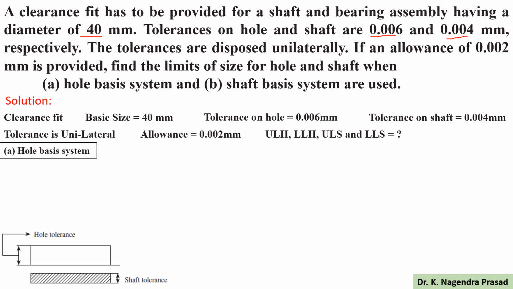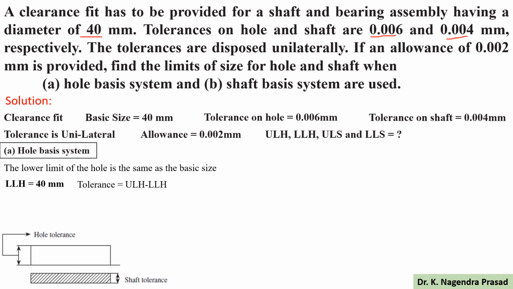Moreover, in the hole basis system, the lower limit of the hole is the same as the basic size. So here basic size is 40 mm, then lower limit of the hole equals 40 mm.